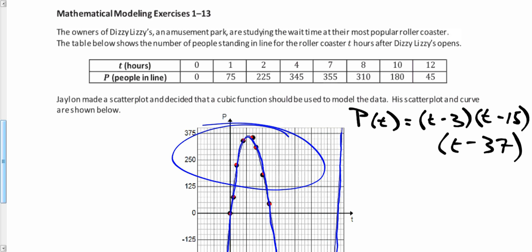At the top point, right? So I'll put that in green, right here. At that point, the model says the line will be the longest. And that point is how many hours?